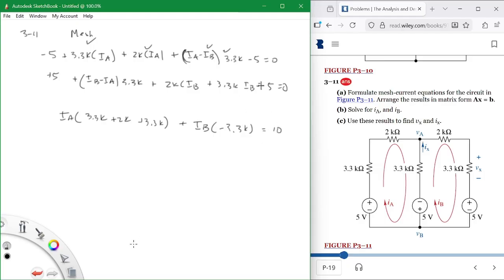Equal 10. Second equation, IA times minus 3.3K. See how much easier these are? Plus IB times 3.3K plus 2K plus 3.3K equal minus 10.